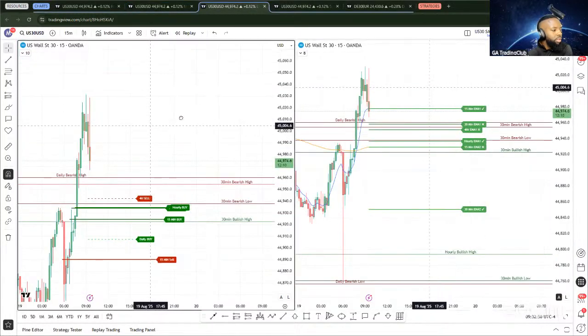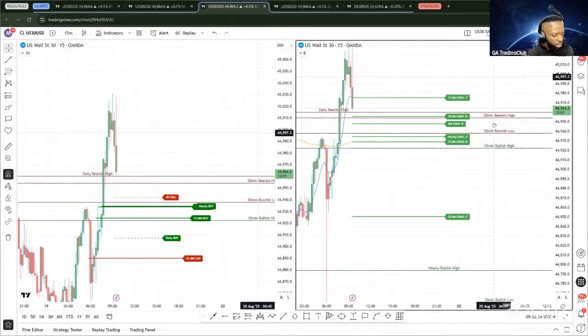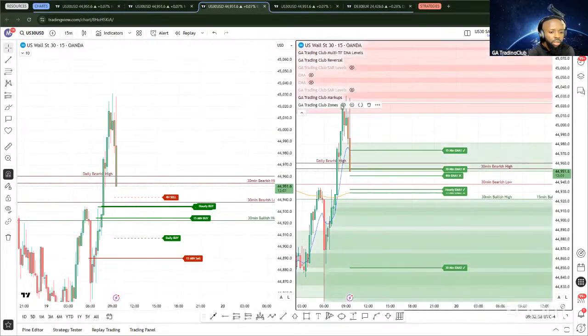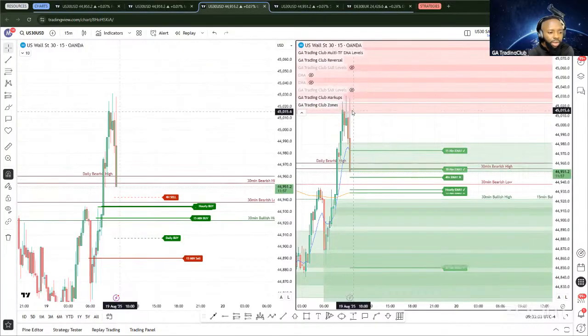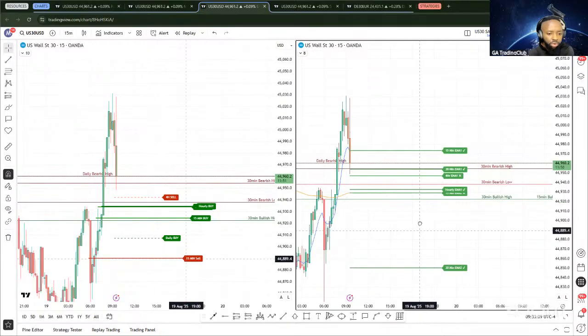All right, let's see if we can get any rejection scalps today. So there is a 30-minute rejection scalp. However, we do have these bearish order blocks here.